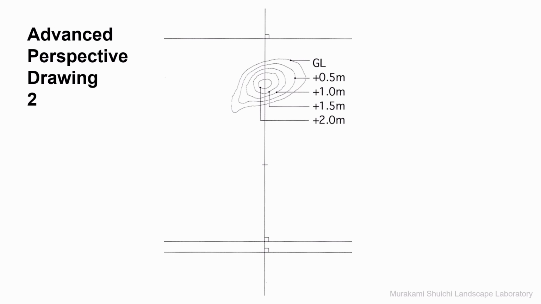Here is a perspective of a small hill, about 2 meters high. For landscape forms, the plan is usually expressed with contour lines. From the viewpoint, the form of the hill is defined by the ridgeline and front line of the front slope.